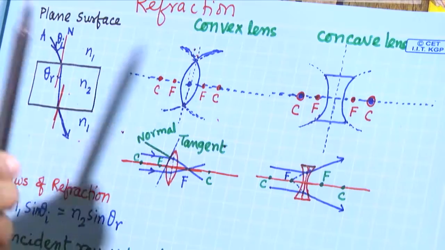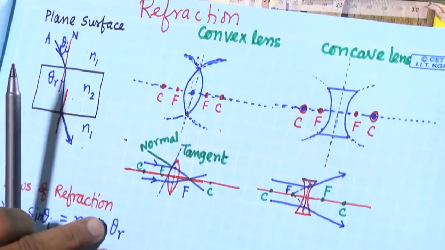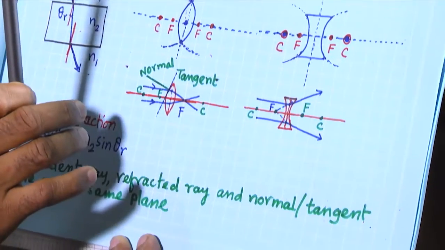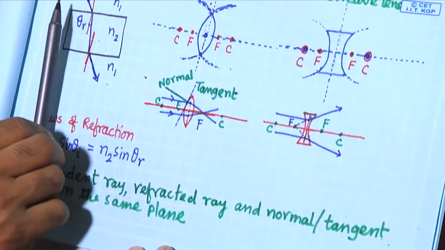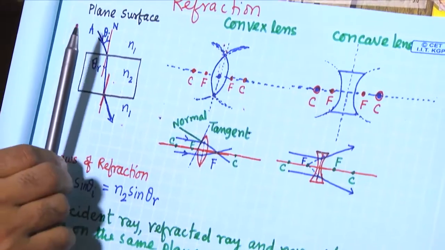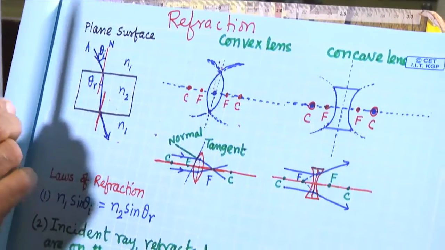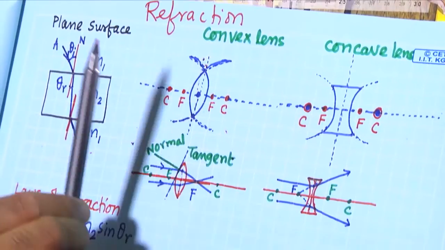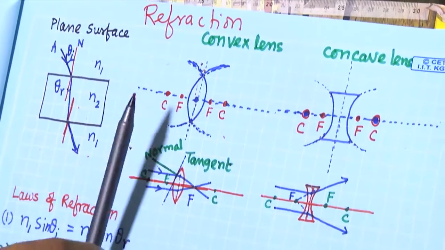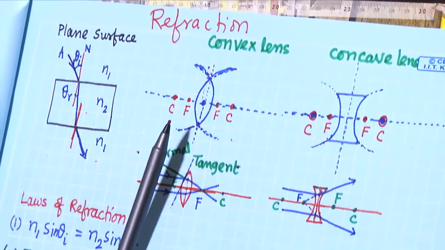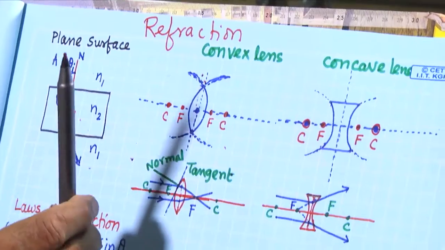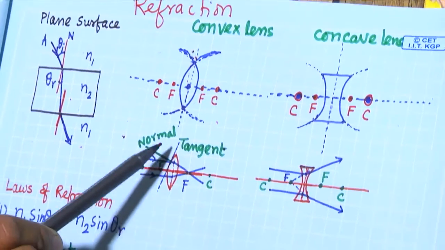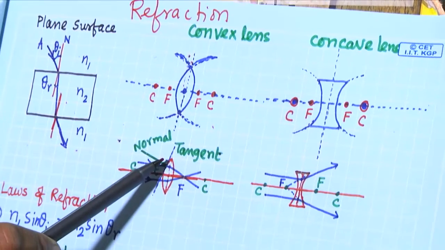It follows the laws of refraction. I want to emphasize that the way you follow the laws of refraction on a plane surface, the same laws are followed for a curved surface. The only difference is that you have to consider the point of the incident ray on the curved surface.